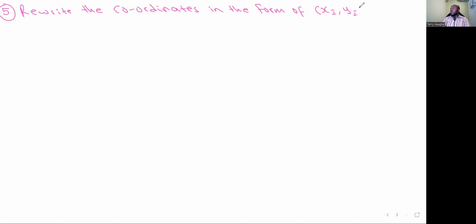Okay? Now, when you write it in that form, you can also check to see if these variables will satisfy the equation. You can check by substituting, okay?